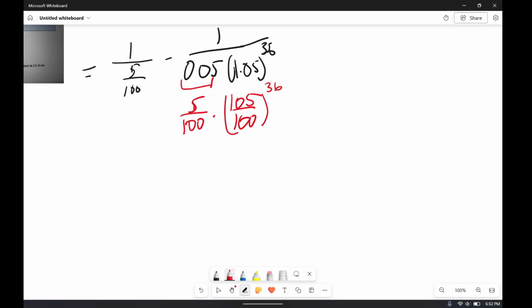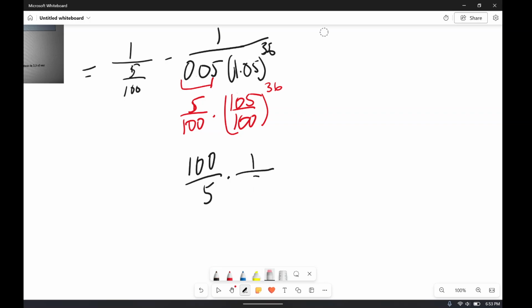So here we see that we can combine these, so this would be the same thing as 1 over 100 over 5, multiplied by 1 over 105.